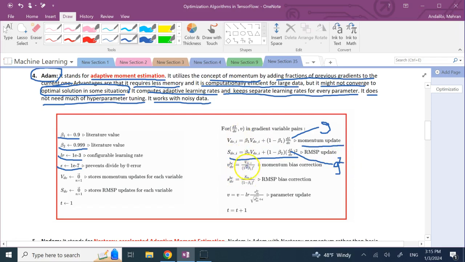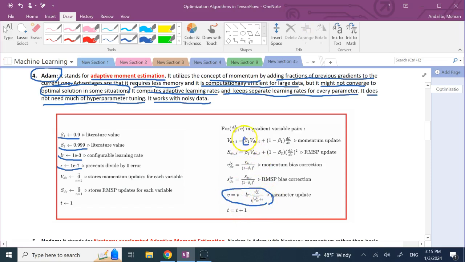Then you need to do some extra compensation for them called bias correction. And when you have them, you finally put them in this formula. Okay, so it uses a combination of moving average first order and moving average square or second order momentum, and uses an update formula similar to the RMSProp method, right? And it just brought this epsilon out.